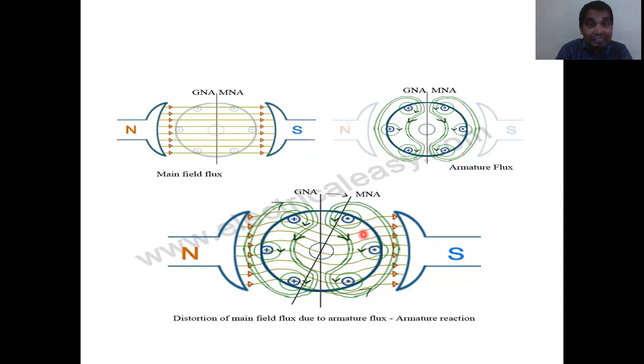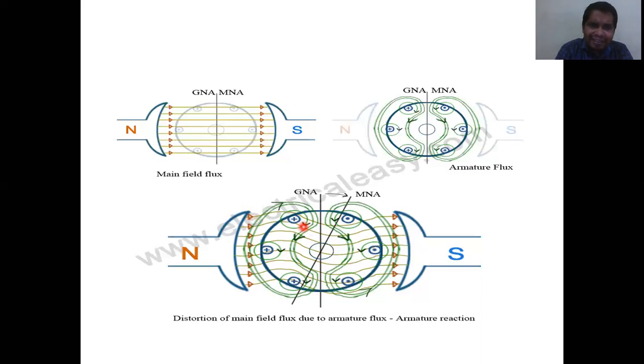It will alter the main flux, because in some places the main flux is adding with your armature flux, and somewhere, for example, here it is in this downward direction, and here it is in the upward direction, opposing. So somewhere the armature flux adds up with your main flux, and somewhere the armature flux subtracts from it.